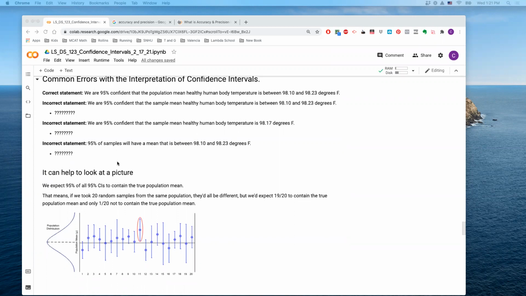So what's wrong with this statement? We're 95% confident that the sample mean healthy human body temperature is in that range. So what am I saying wrong in that situation?